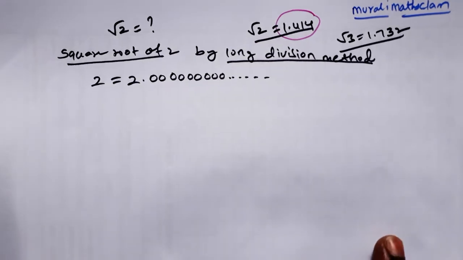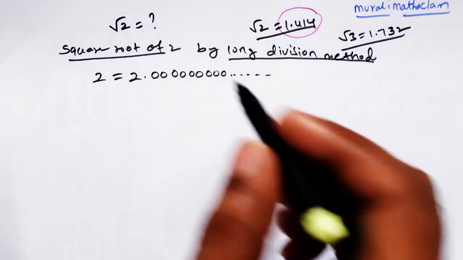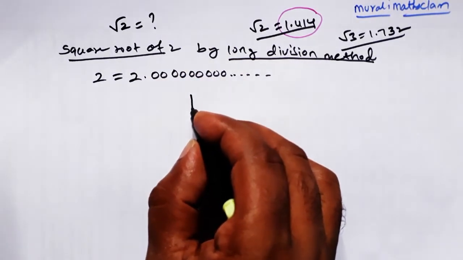Now what is the meaning of the long division method for finding this square root of 2 answer? First, we have to draw two vertical lines like this.